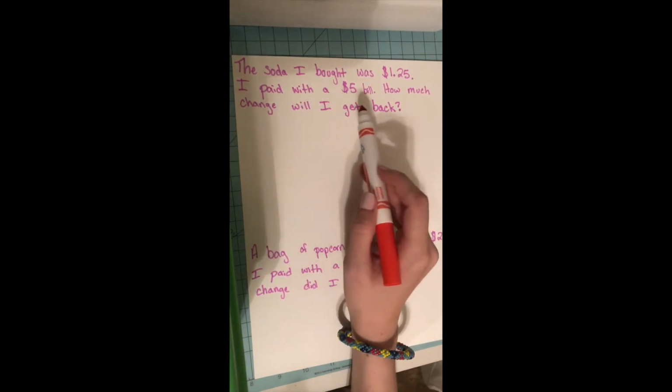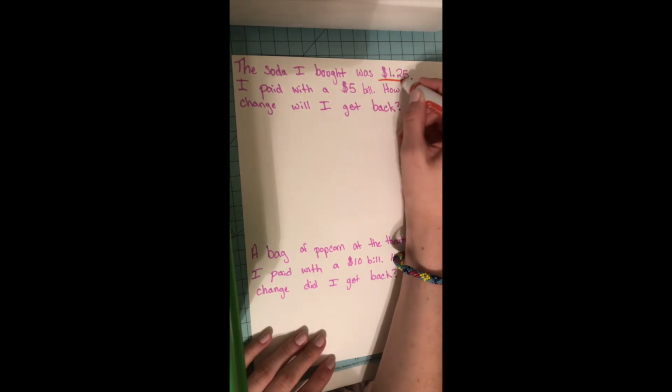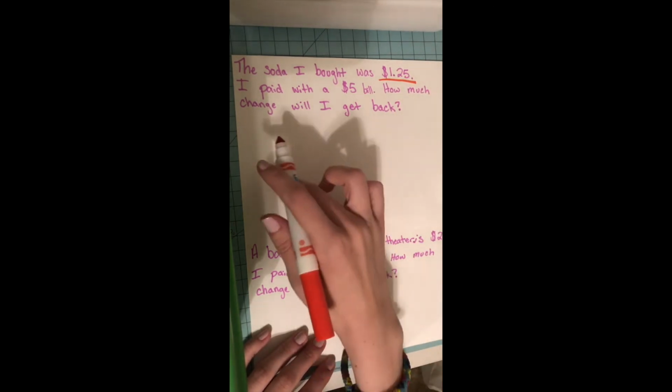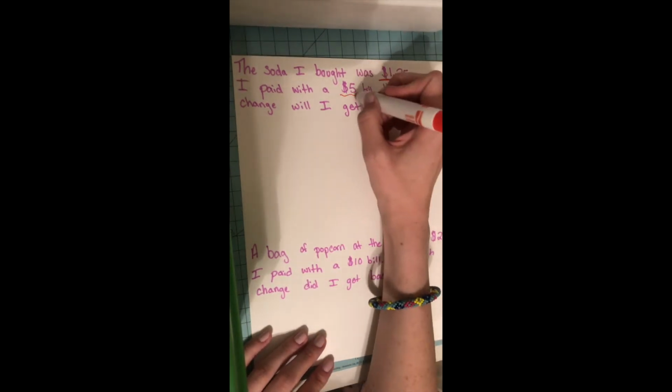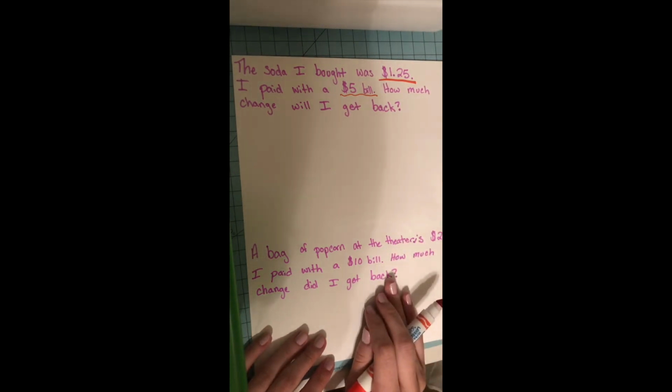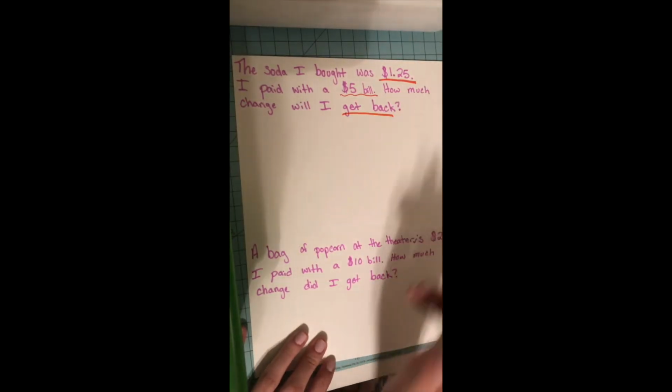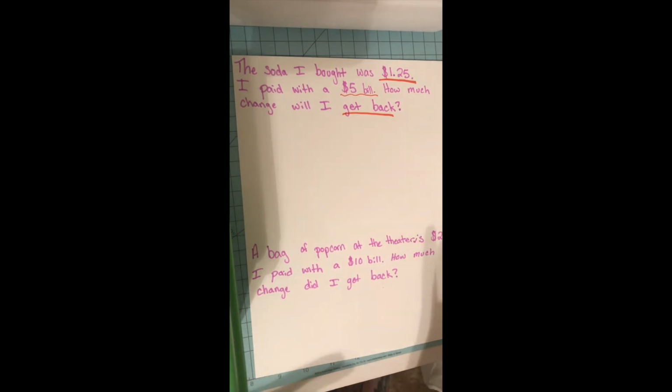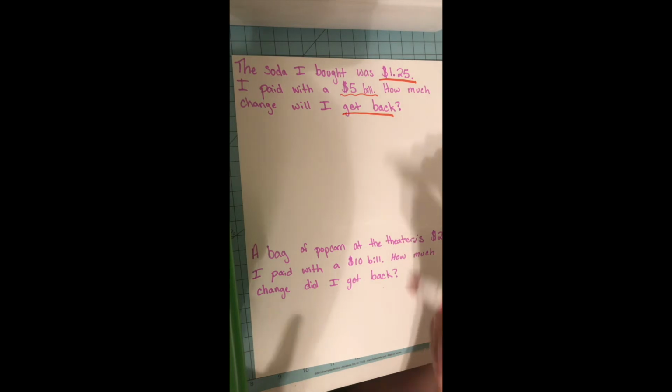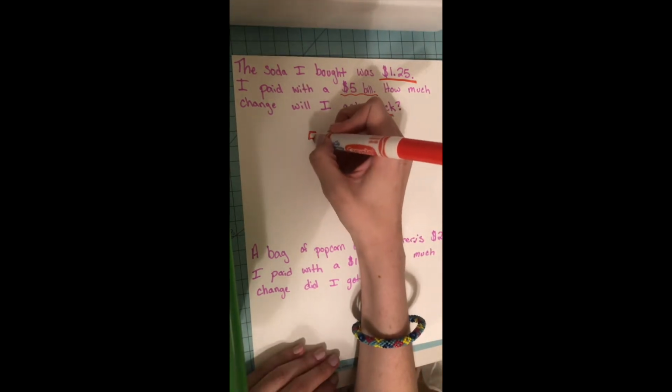The soda I bought was $1.25. I paid with a $5 bill. How much change will I get back? Well, so that means that what I was buying was smaller than what I gave them. So I gave them $5.